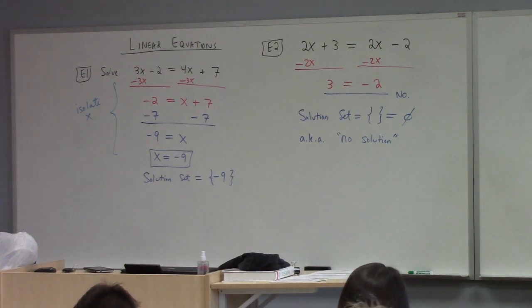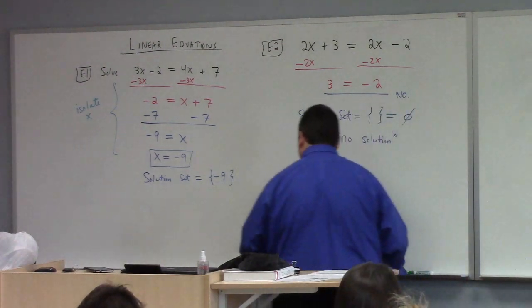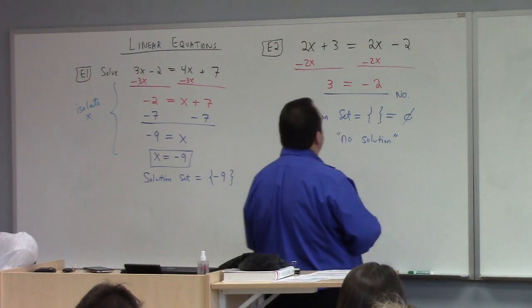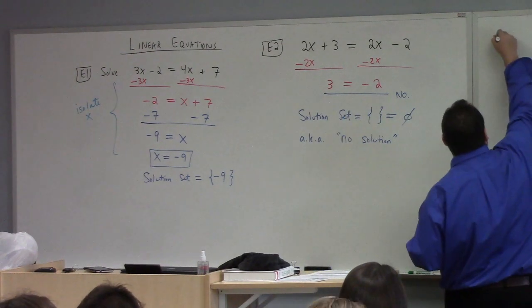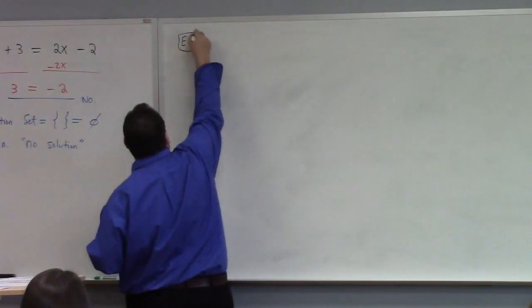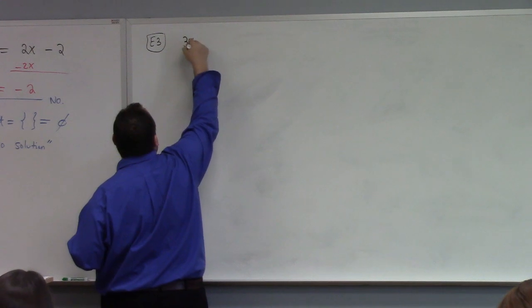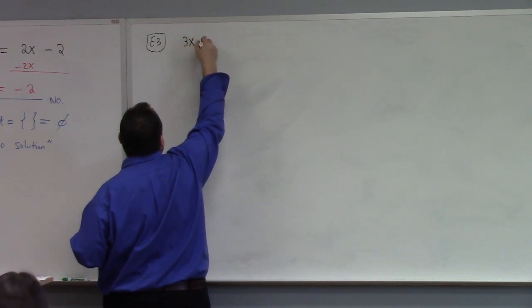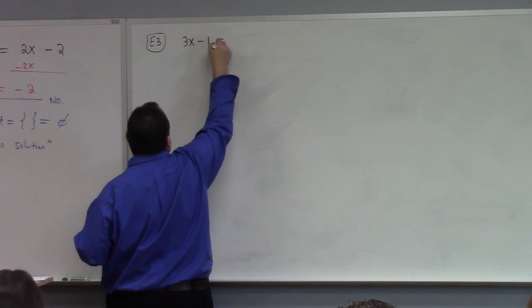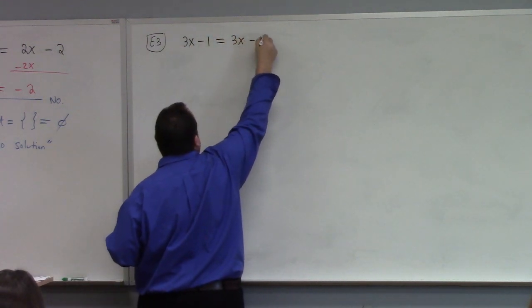Example 3. What if we had 3x minus 1 is equal to 3x minus 1?